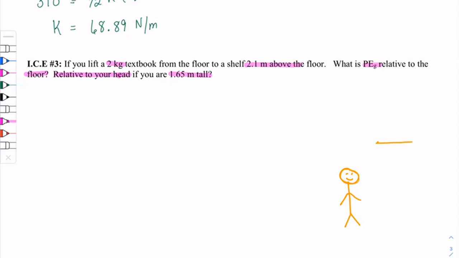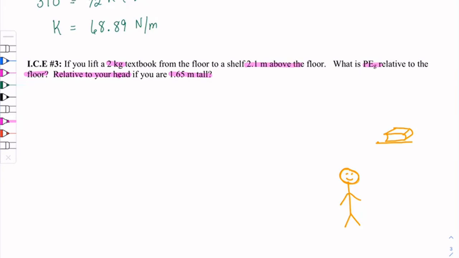And there's a book on the shelf. Okay. There's the book. It's a pretty big book, but, you know, just go with it.